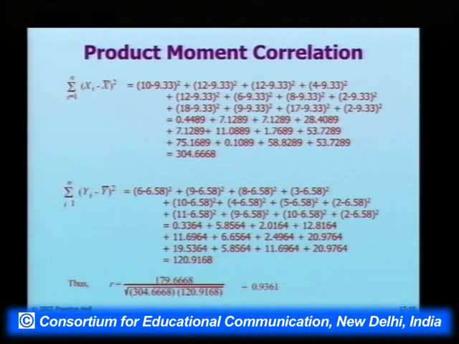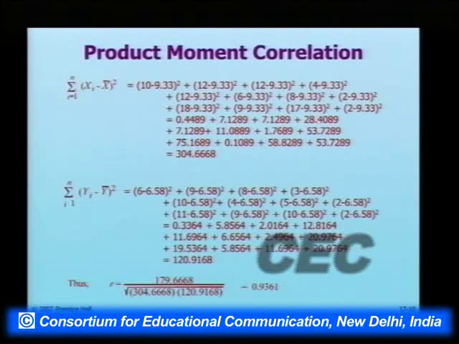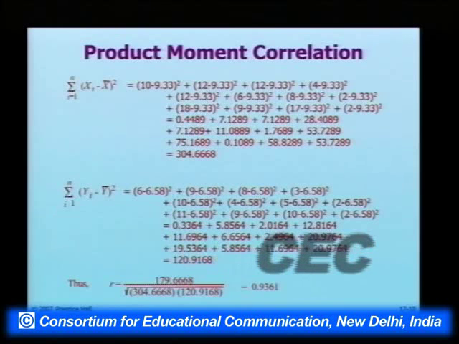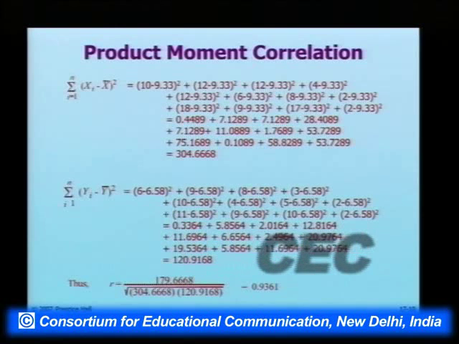So the sum of xi minus x bar whole squared comes out to be 304.6668, and similarly the sum of yi minus y bar squared comes out to be 120.9168. Then we multiply them and take the square root in the denominator, and the numerator will be 179.6668, as we found earlier. So this value comes out to be 0.9361.